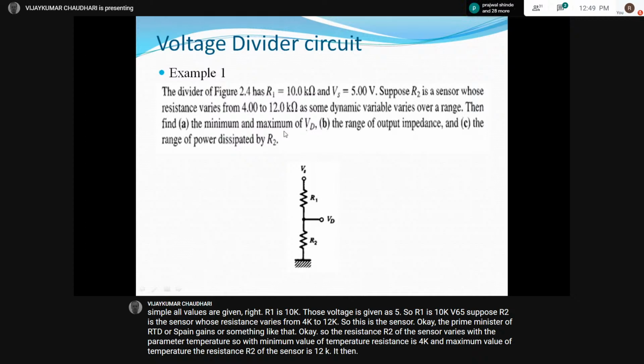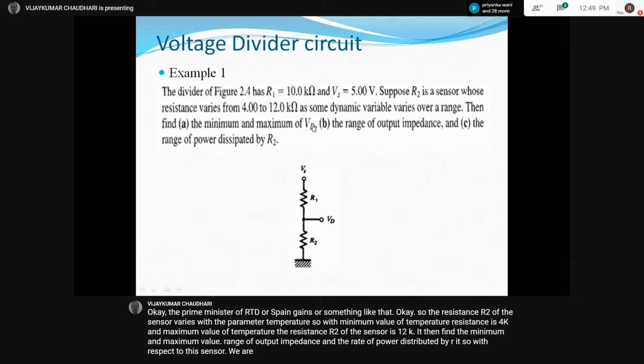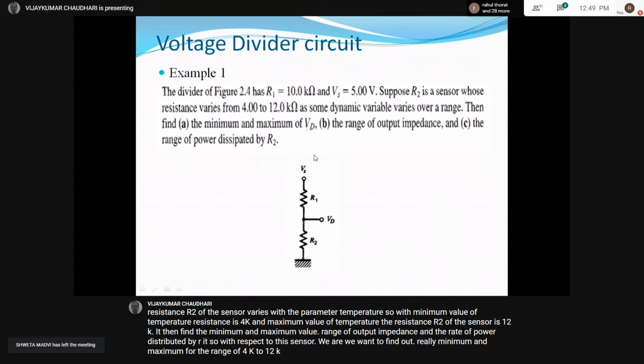Then find the minimum and maximum value of VD, range of output impedance, and the range of power dissipated by R2. So with respect to this sensor, we want to find out VD minimum and maximum for the range of 4K to 12K, and the range of output impedance.